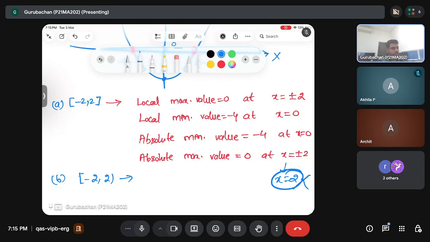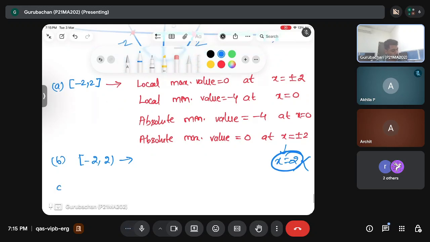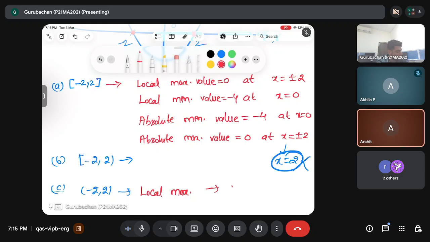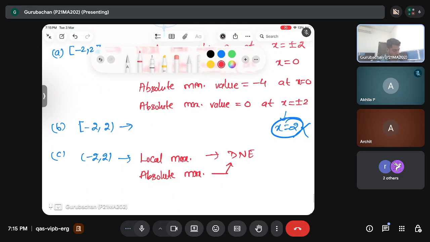I'm not writing it, you can do it on your own. C part, when we talk about an open interval, then local maxima and minima will not exist. Yes, does not exist. If local minima does not exist, that means absolute maxima will also not exist. Yes, sir.